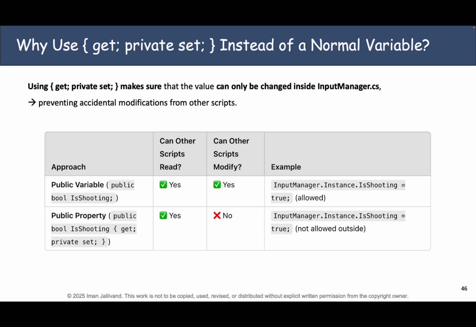Before, other scripts were able to both read and modify, but in this method, you're not allowing other scripts to adjust any values there. So hopefully that's clear for you guys.